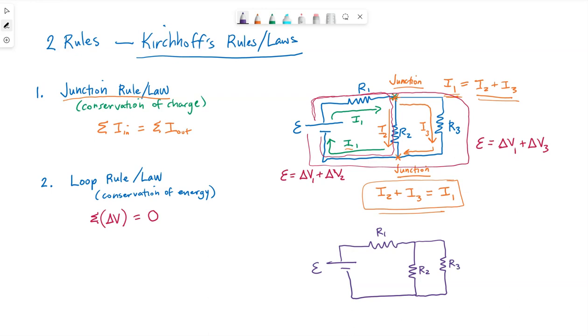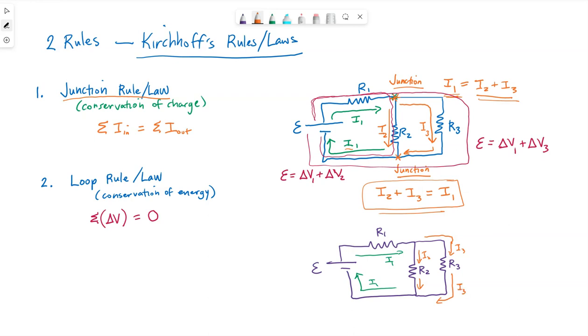Let me draw my currents in again. So I1 represents the one coming in and out of the battery. I2 is the one that comes through R2. I3 is the one that comes this way through R3.